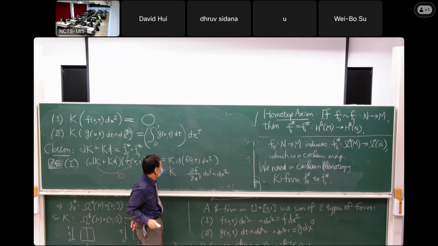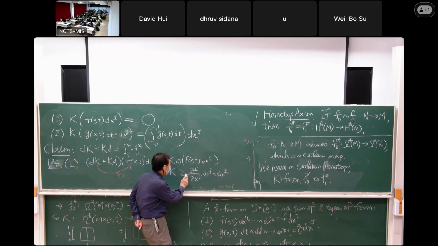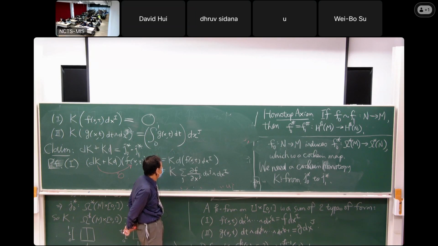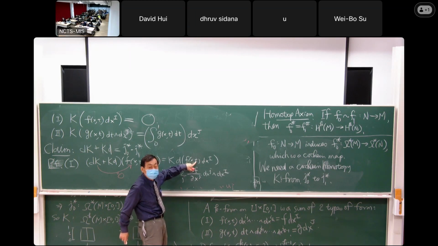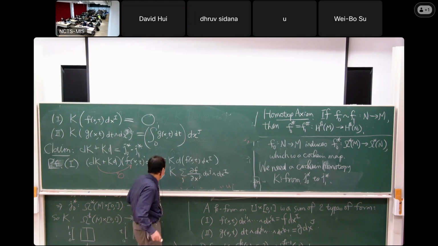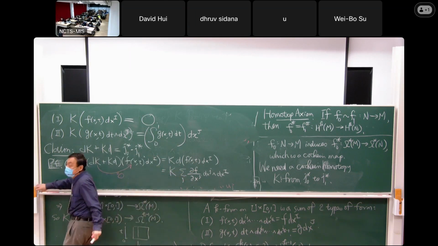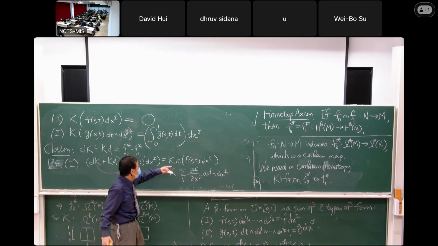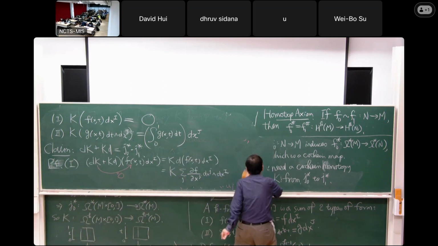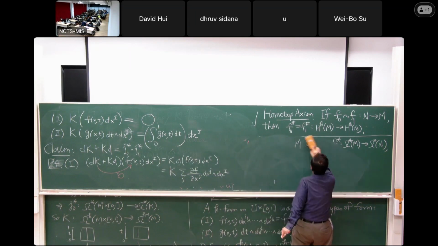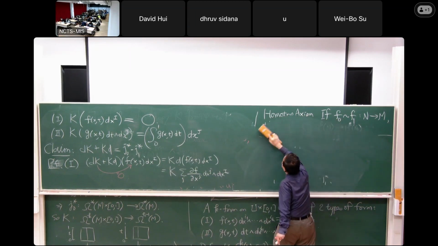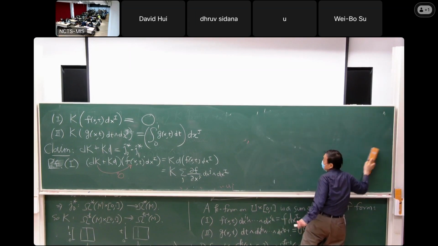And you sum over j, but there are several variables here. So there is another term. What is the other term? You have to take df. Can somebody tell me what the other term is?